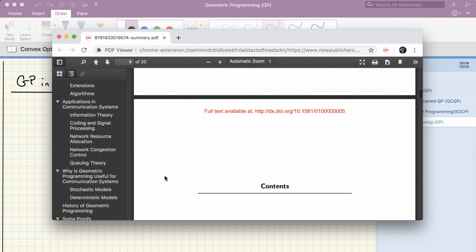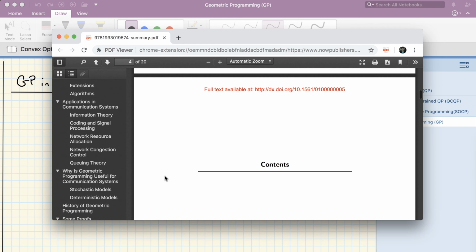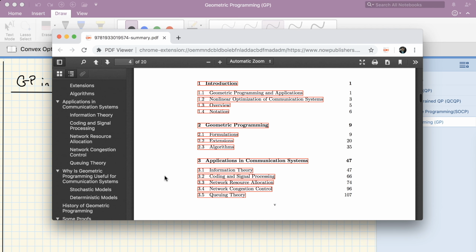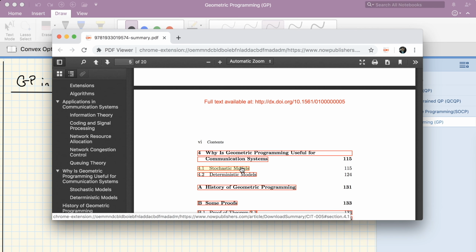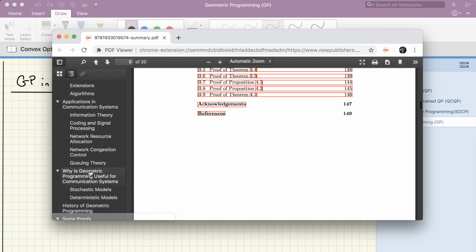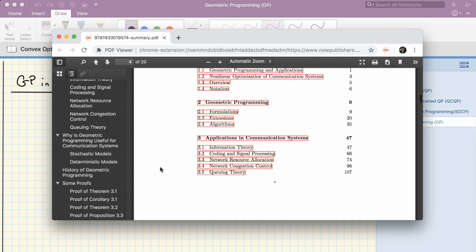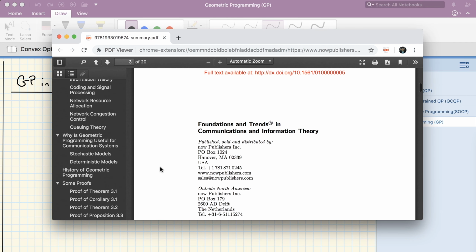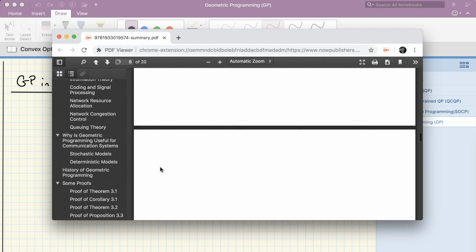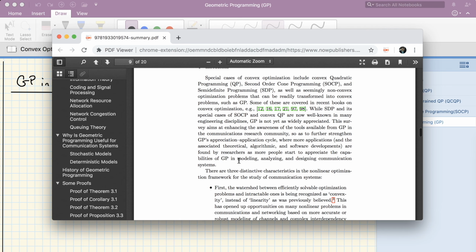It also describes the usefulness of geometric programming to communication systems, and to be more precise, to stochastic models and deterministic models. So here's another specific paper on geometric programming with many interesting references.